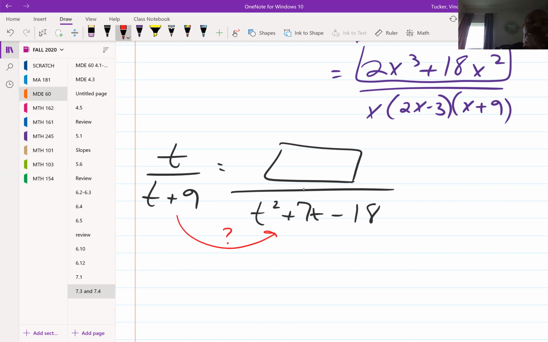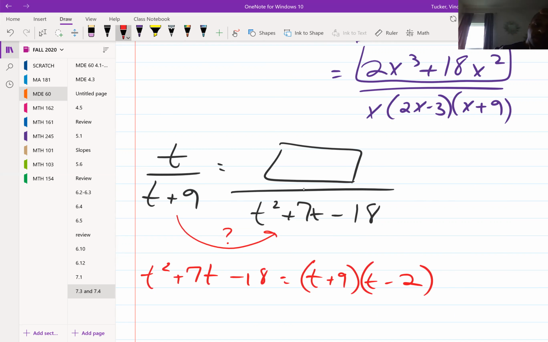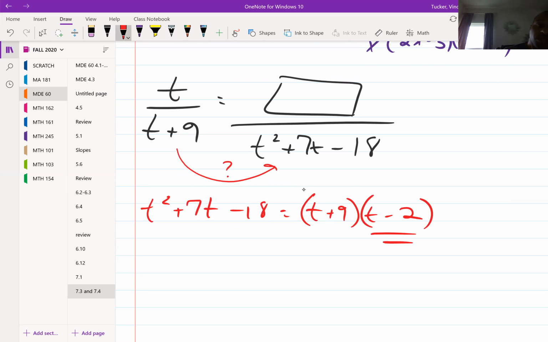When I look at t squared plus 7t minus 18, factor that out, that is t plus 9 times t minus 2. So the difference is this t minus 2.